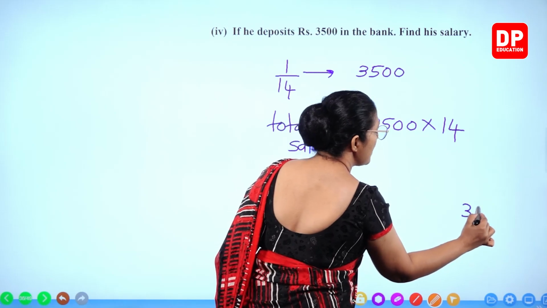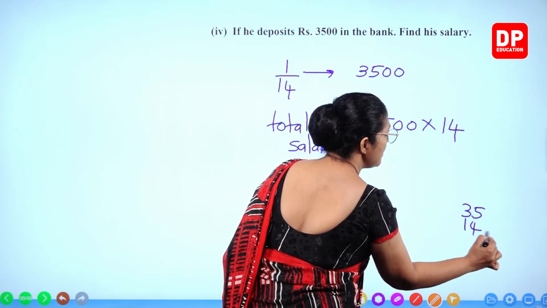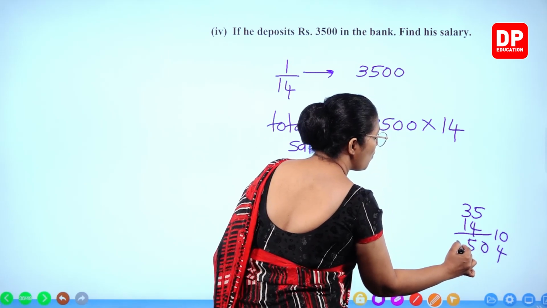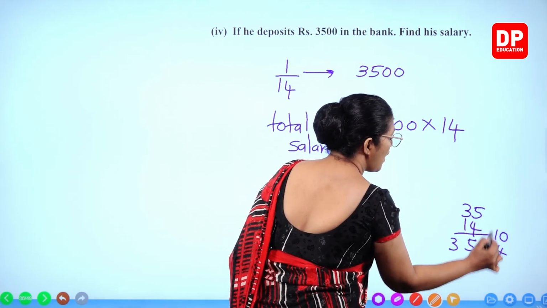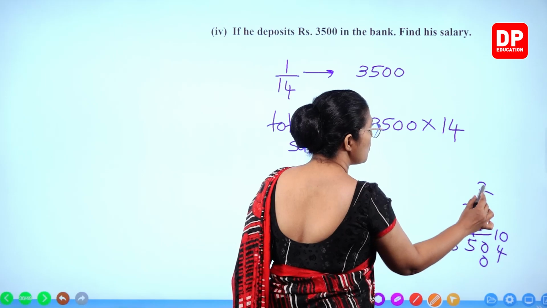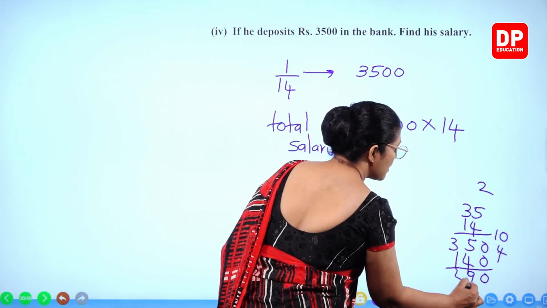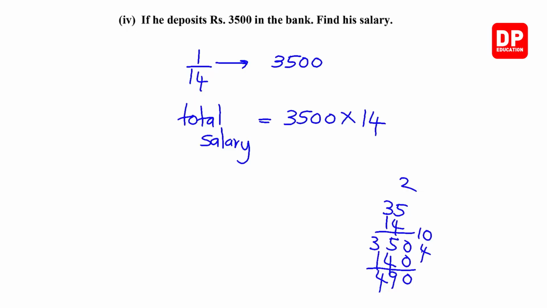So let's multiply 35 and 14. Multiply by 4 first: 4 times 5, 20, 4 times 3, 12, plus 2, 14. Then by 1. So you get 490. And how many zeros? 2 zeros. So the total salary is 49,000 rupees.